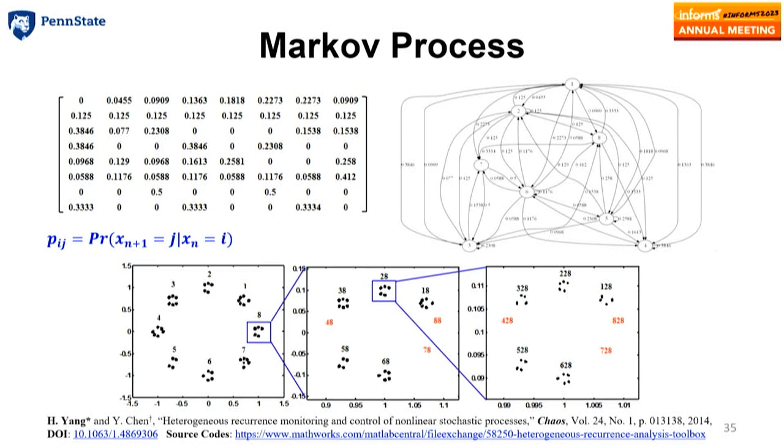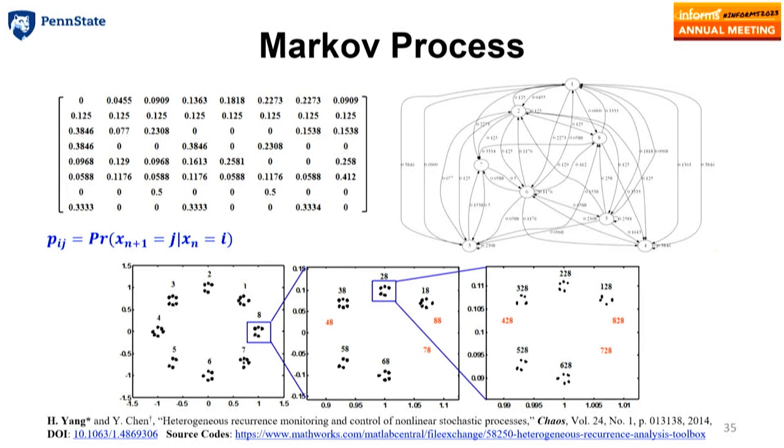If we want to look into it, we can continue to dive into the diagram. We can see 1 to 8, 2 to 8, 3 to 8, and we can continue to zoom in. If we have enough big data, then we can keep zooming. So what you can capture is single state distribution, 2 state sequence transition, 3 state sequence transition, and 4 state, and then you can keep going.